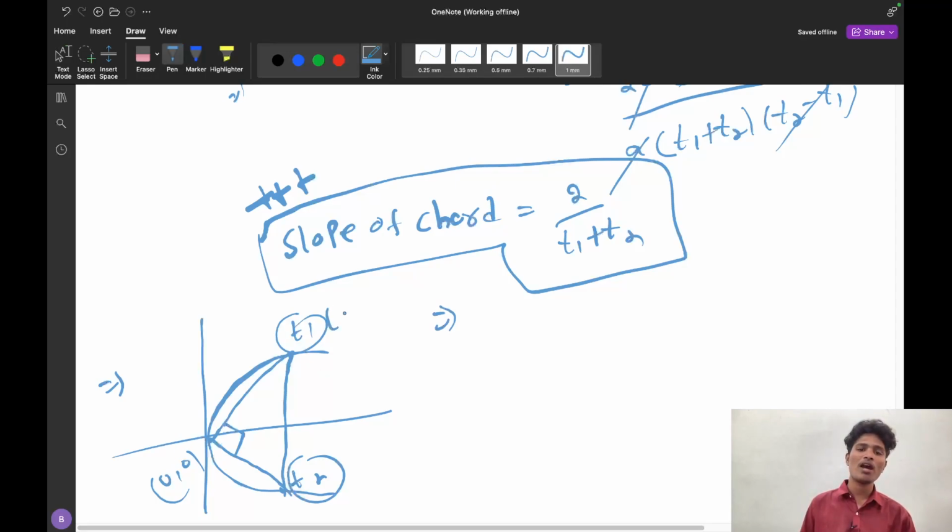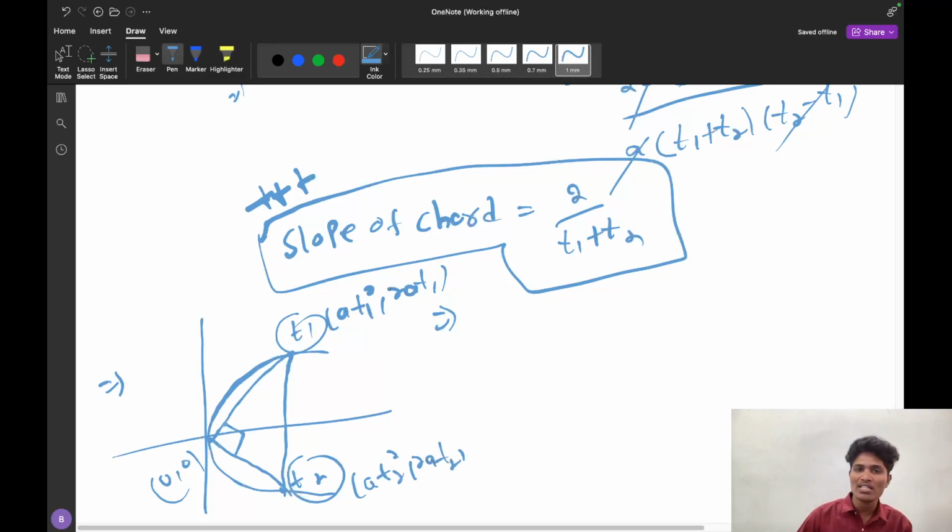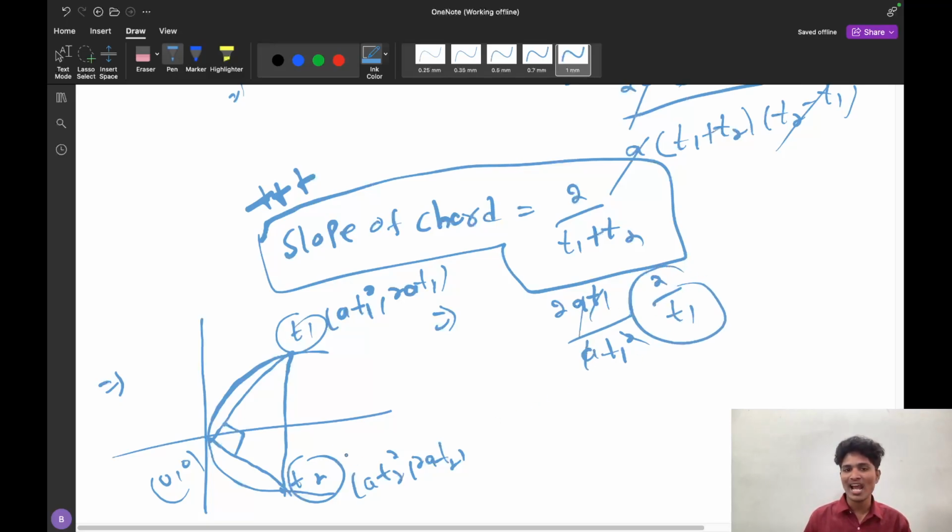The points are (0, 0), (at1 square, 2at1) and (at2 square, 2at2). So I can find the slope from (0, 0) to (at1 square, 2at1). I can cancel and I will get 2 by t1, and from the other side I will get 2 by t2.